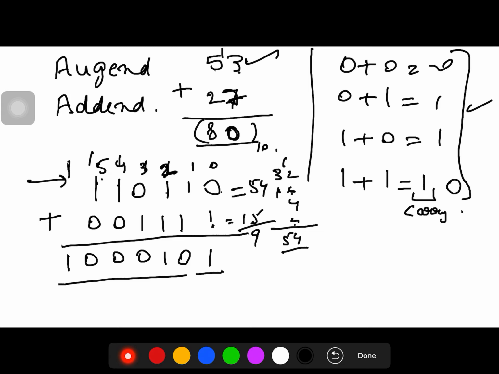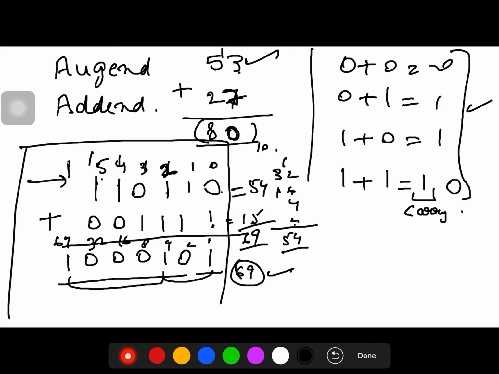And what is this number? This is 15. 54 plus 15 is 69. How to compute this number? 1, 2, 4, 8, 16, 32 and 64. 64 plus 5 is 69. This answer is valid.